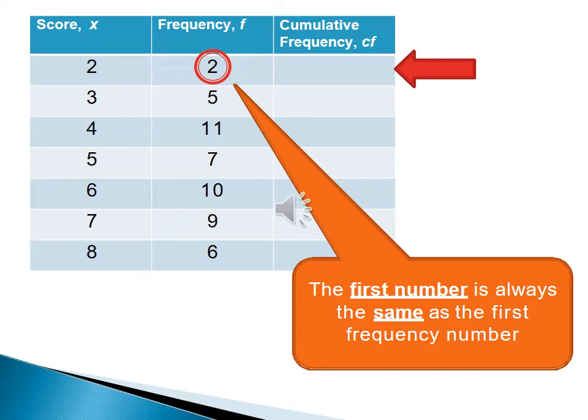cumulative frequency. The first value of the original frequency remains as it is in the cumulative frequency, so the first cumulative frequency value will be 2.